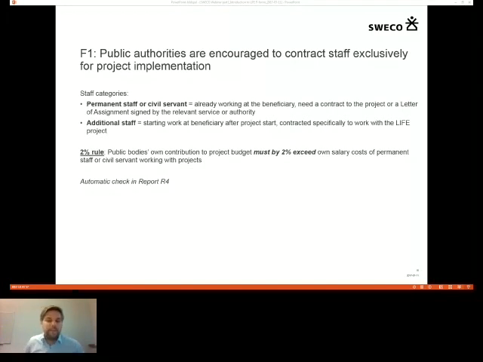So now you can see that this is weighing the financial contribution, the 40%, to the budget that the municipality is putting in against the salary costs of permanent staff in the project. And you will be able to see an automatic check of this in the application system. It will be a little red box when you open report R4. It's quite useful. And if you try a little bit with a number back and forth, you will also get a better understanding.